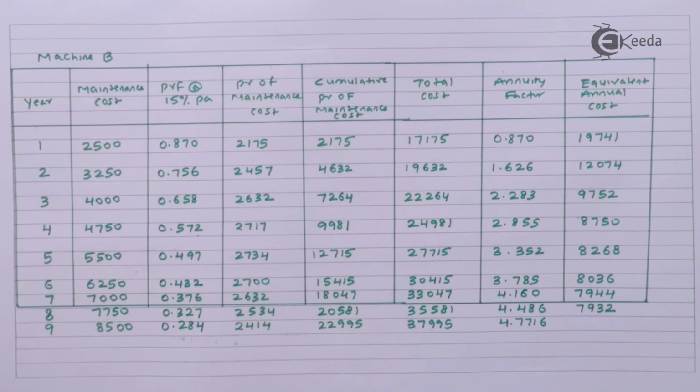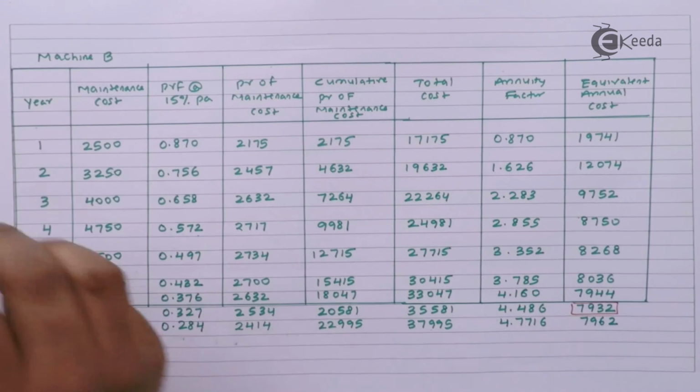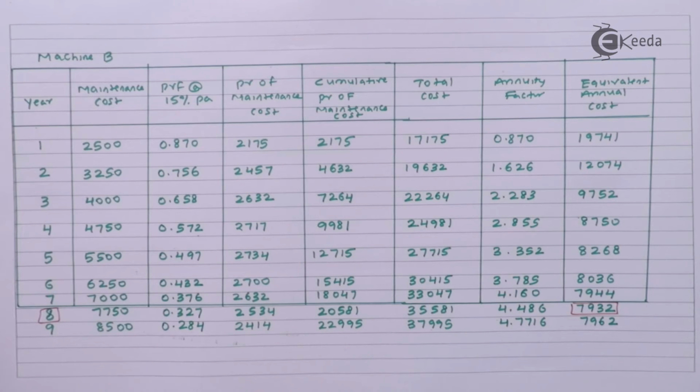So 37995 divided by 4.7716 it will be 7962. So मेरा कॉस्ट बढ़ रहा है, so I will say 8 years. मशीन बी का इकोनॉमिक लाइफ 8 years आ रहा है, मशीन ए का इकोनॉमिक लाइफ था हमारा 6 years.